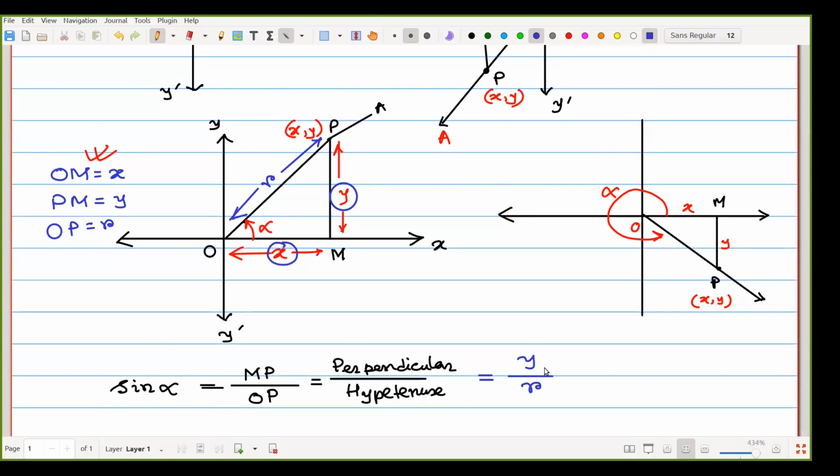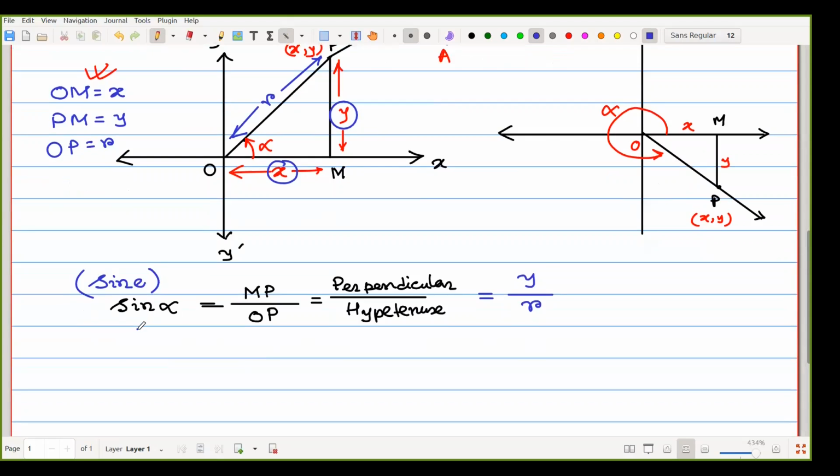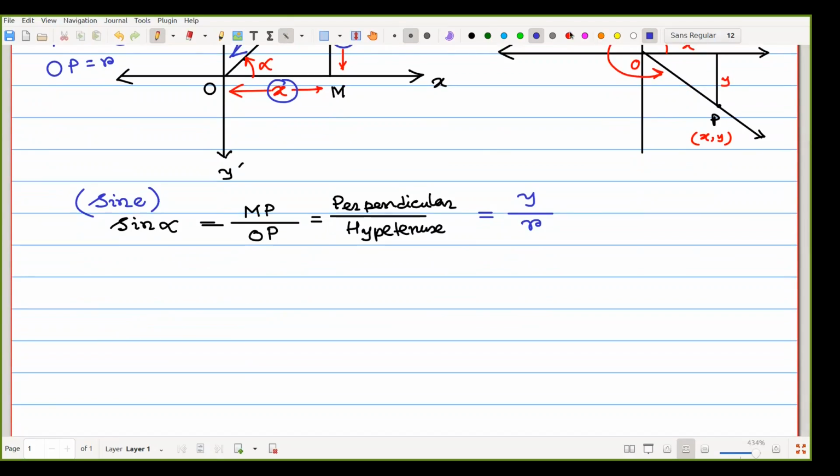That is the first function. Second one is called the cosine. The next one, cosine.